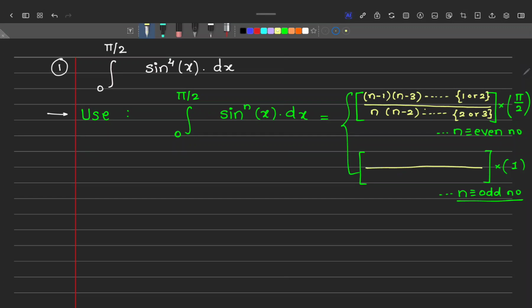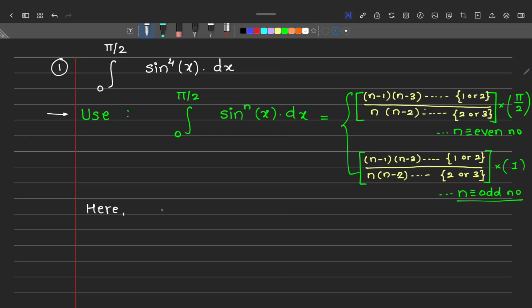So the same thing we do here. Numerator will start with n minus 1, n minus 3 and so on until the last term is 1 or 2. Denominator will start with n, n minus 2, n minus 4 and so on until the last term is 2 or 3. So we prefer this formula.